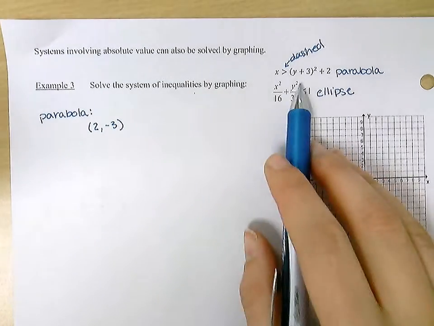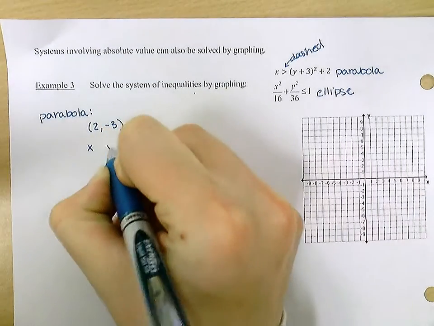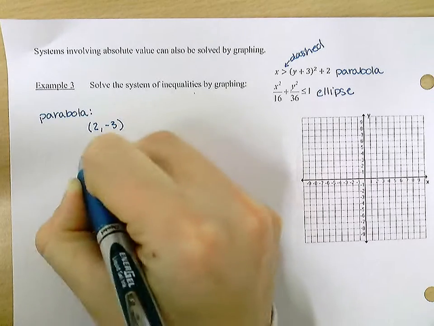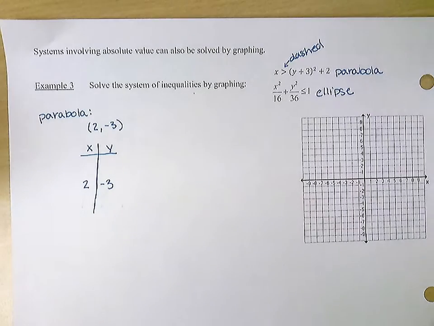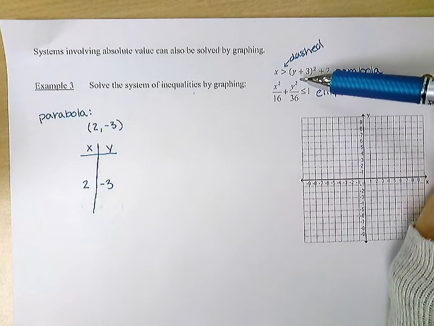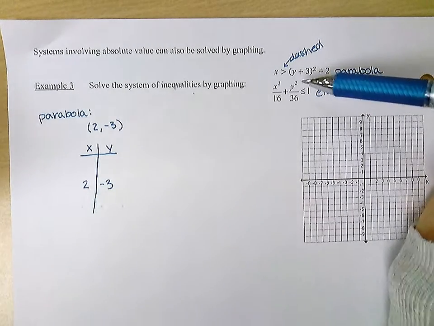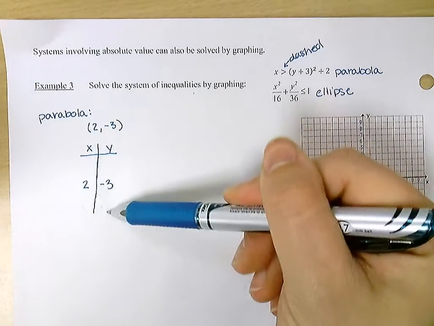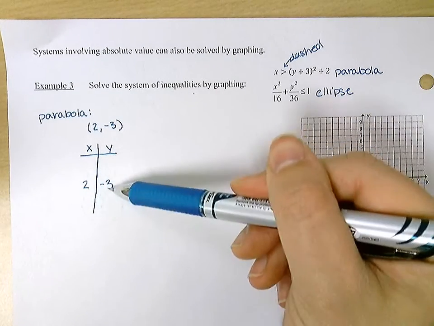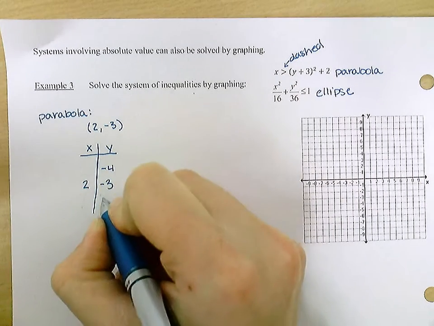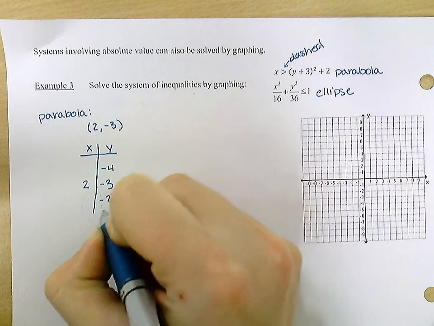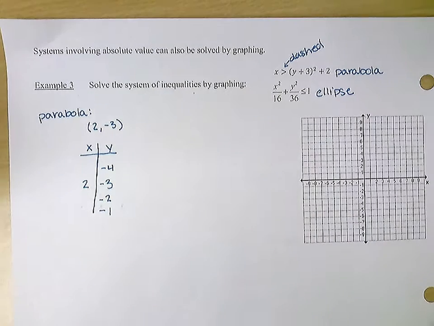Okay, so from here I can make that XY chart. And remember, you want to plug in values for y for this one, not x. So I want to surround y in order to solve for x. So I can plug in -4, I can plug in -2, and -1.